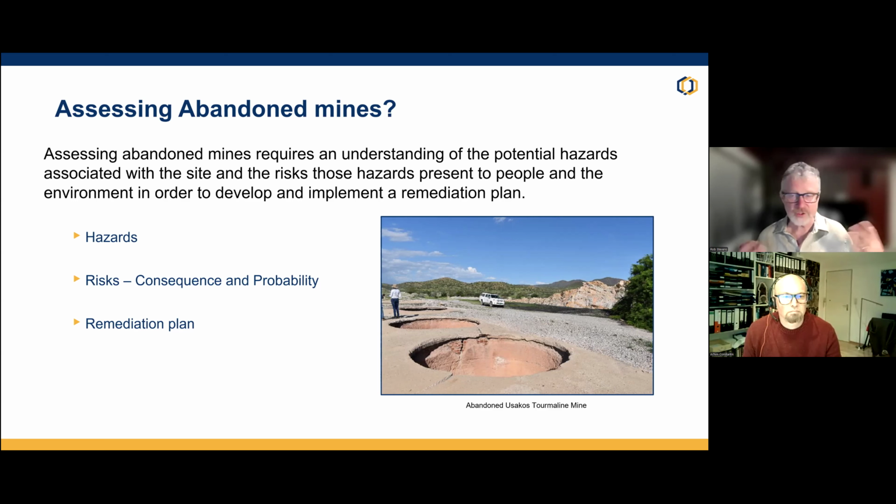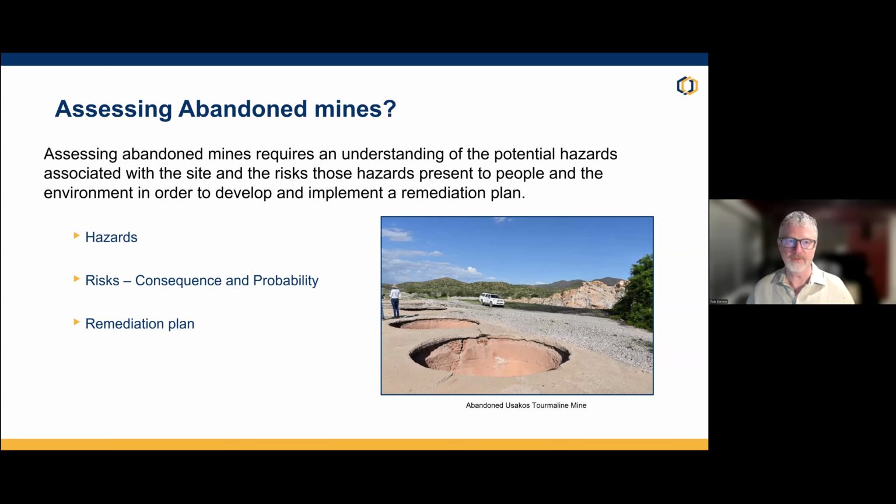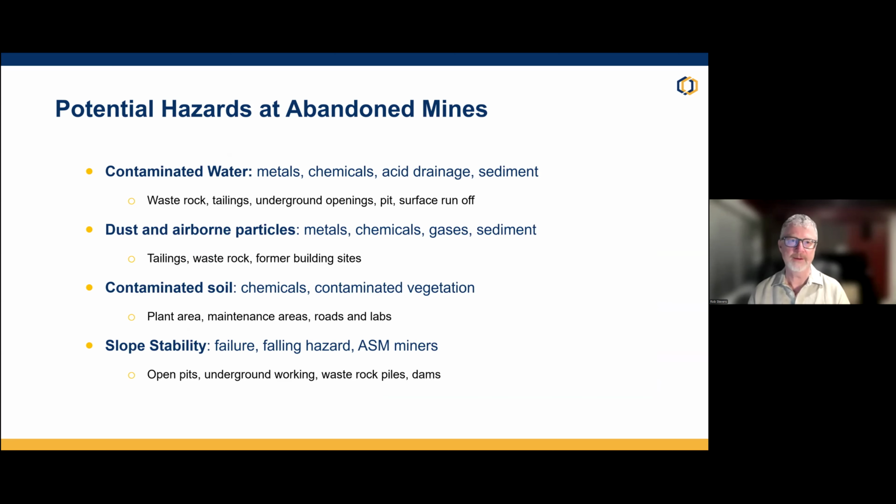People, wildlife, the surrounding environment, businesses, those groups we often refer to as the receptors. That's where the consequence of those hazards could occur. And then the probability is, what is the probability that the hazard might take place. So we have to identify those hazards, then look at who might be impacted by those hazards in terms of the consequence, and then estimate the probability. And then out of that, we can develop a remediation plan.